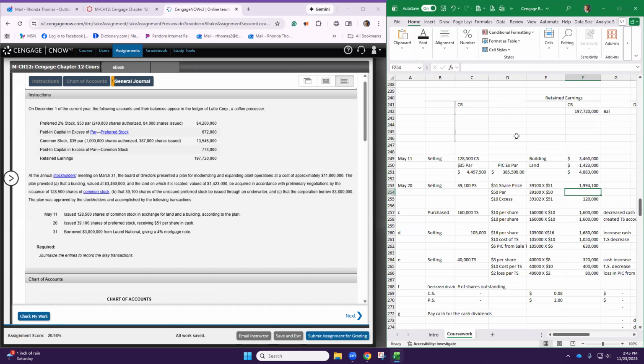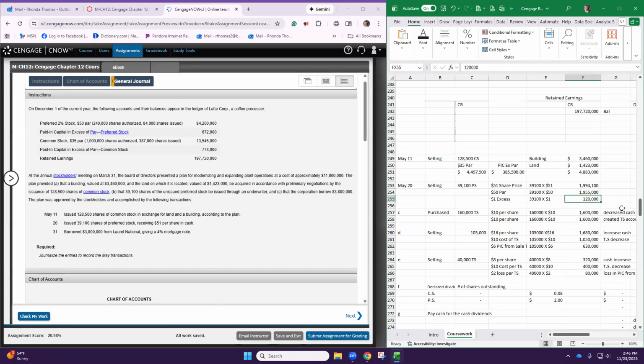So I'm going to take equals 39,100 times 50. There's how much. And then the rest is the excess, which is the $1. So $1, and we want that to be times 1.